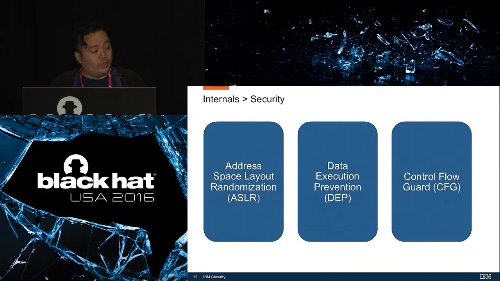So the executables included by default are compiled with ASLR and DEP enabled. So all the apps that are included and all the system binaries are compiled with ASLR and DEP. But Windows 10 IoT Core currently only supports 32-bit boards, so the ASLR implementation will inherently have lower entropy compared to the 64-bit implementations.